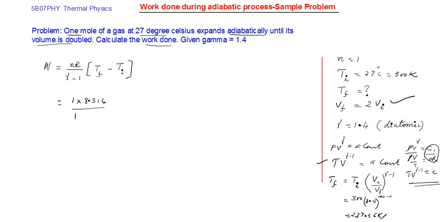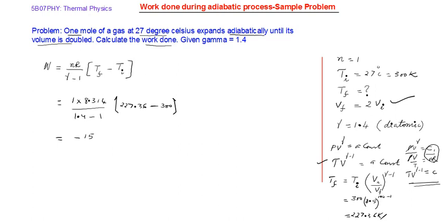Gamma is 1.4 given here, minus 1, so that is 0.4, times TF minus Ti. TF we have already calculated, that is 227.36 Kelvin, minus Ti given to be equal to 300. So you can work out this one simply.